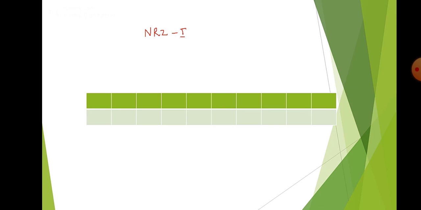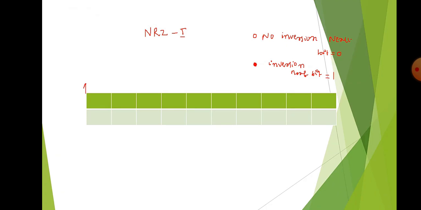If the next bit is 1, we have to invert the signal. It means no inversion if the next bit equals 0, inversion if the next bit equals 1.